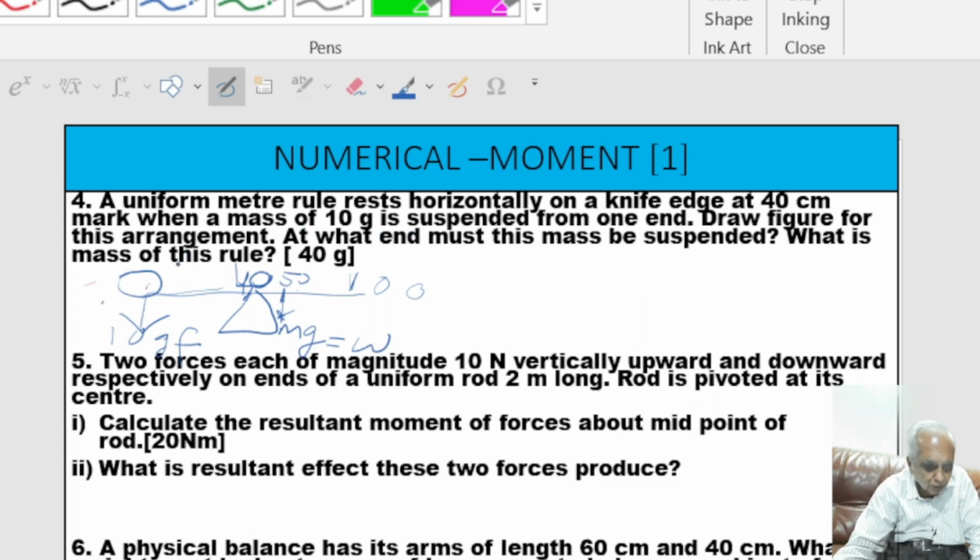What is the mass of this ruler? The ruler is in equilibrium, therefore clockwise moment is equal to anti-clockwise moment.